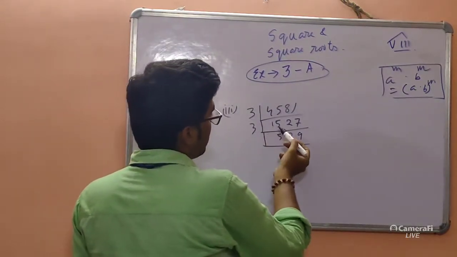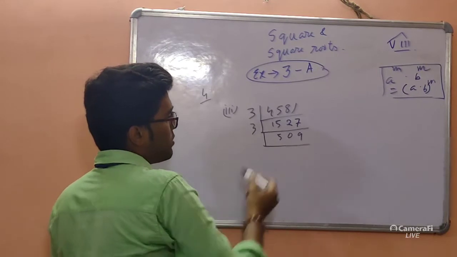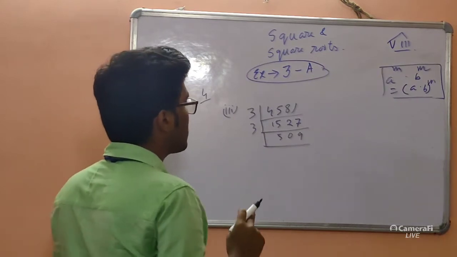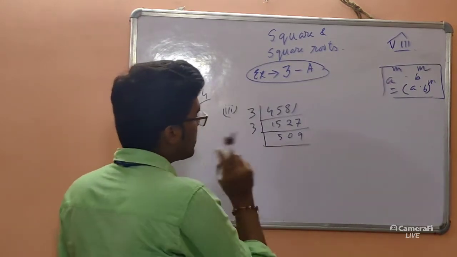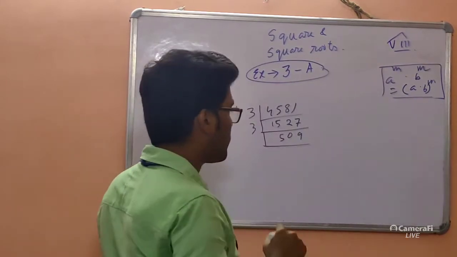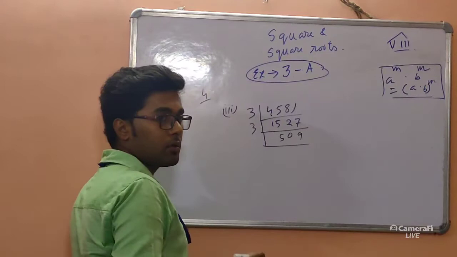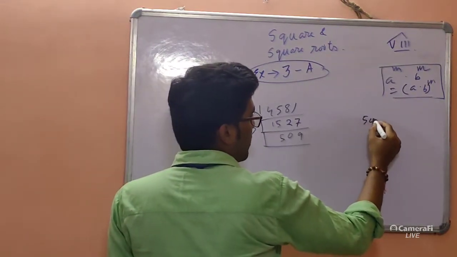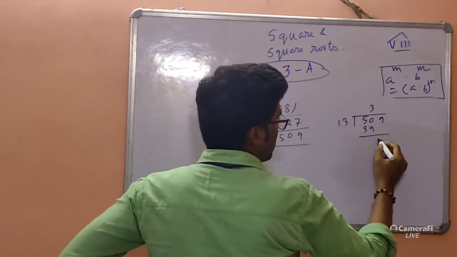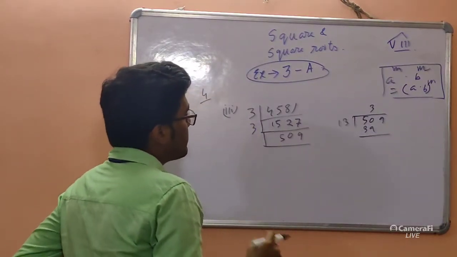Let us check. So 509, suppose if I divide by 13, here 509 came.